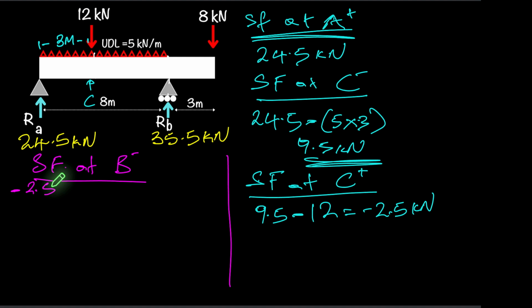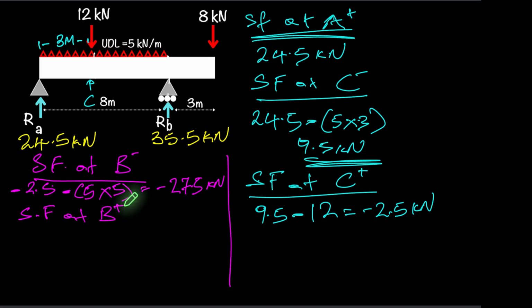So we're going to now be going down again by minus 5 for the 5 kilonewtons per meter, and if we go from 3 meters to that end point at the 8 meters, that's another 5 meters. So it would be 5 multiplied by 5. So just before RB, we end up with 25, so this would be negative 27.5 kilonewtons.